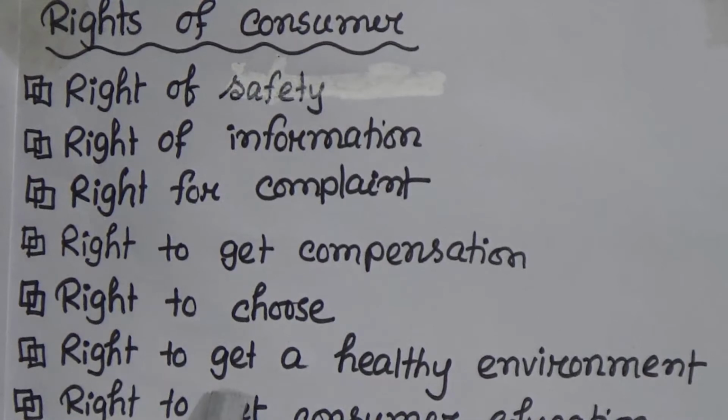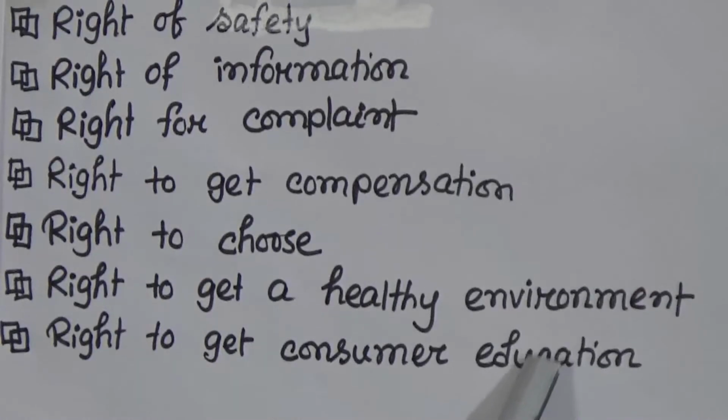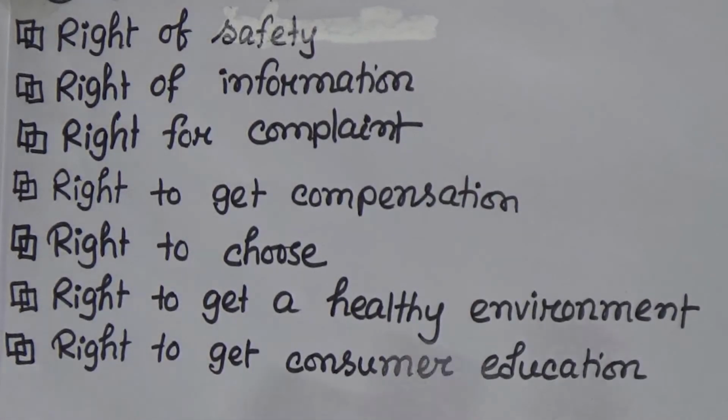And the next one is the right to get a healthy environment. A consumer buys something from different shops and places, and he has the right to get a healthy environment while buying or consuming anything.